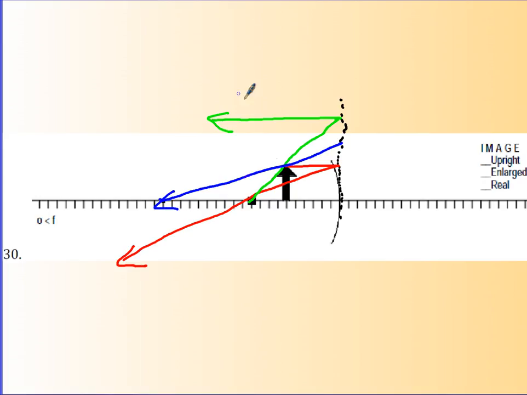See, these three rays do not intersect. So we need to dot back our reflected ray. So the one with the arrow gets reflected back. I didn't get that color right, but that's okay. So now I have a virtual, upright, enlarged image.